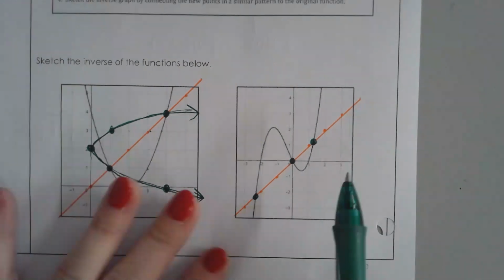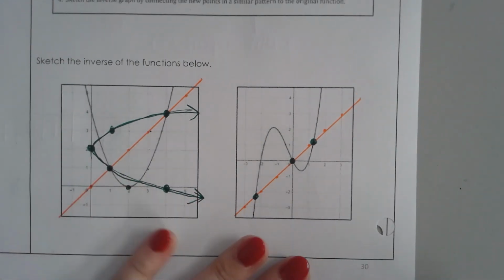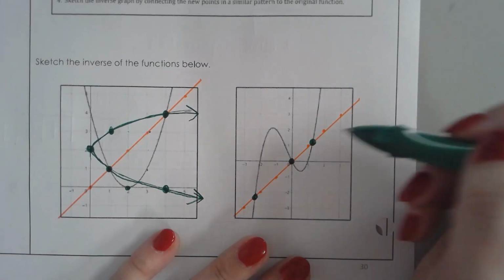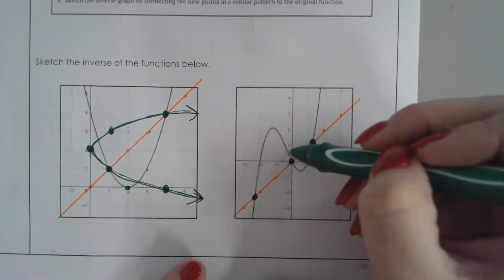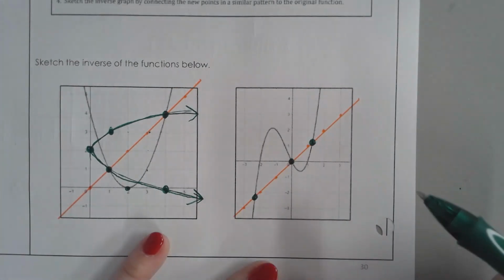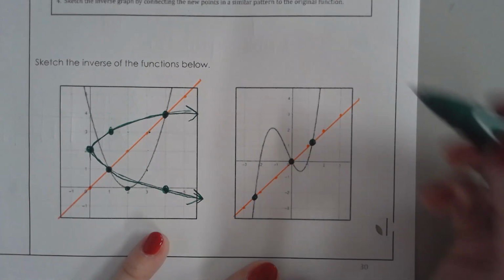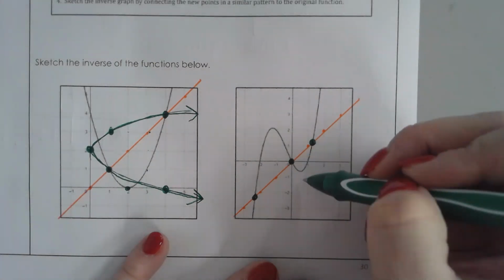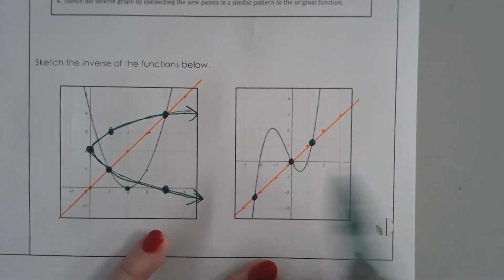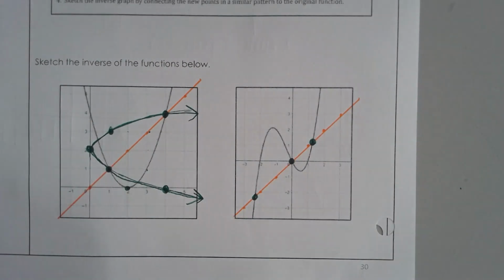There's not as many points that fall on a nice point, like right in the whole numbers. For example, this point right here, if I want to reflect it, basically I want to go the same distance.